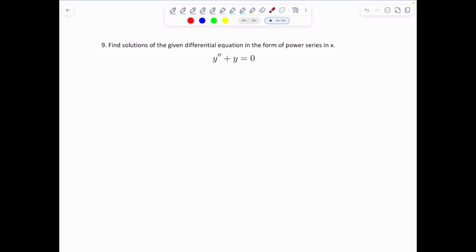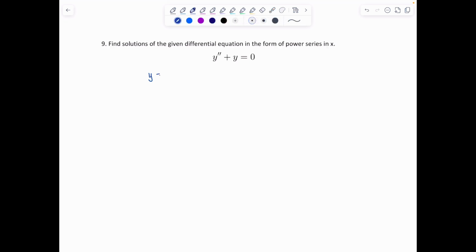Okay. Find solutions of the differential equation in the form of power series in x. Here we go. Assuming we have a solution of the form y equals the sum n equals 0 to infinity c sub n times x to the n.